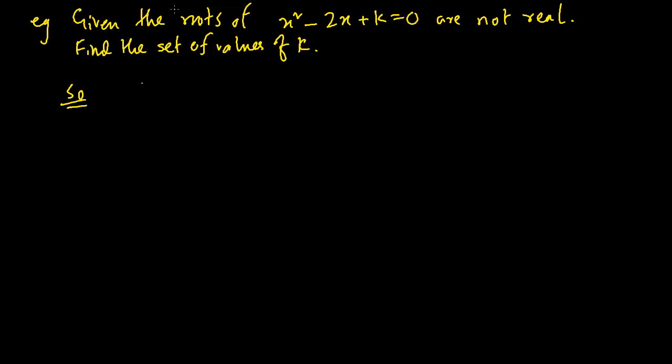So here we already know that the roots are not real, and you know the rule, that means the discriminant b squared minus 4ac has to be negative. Remember, inside the square root it would be negative.